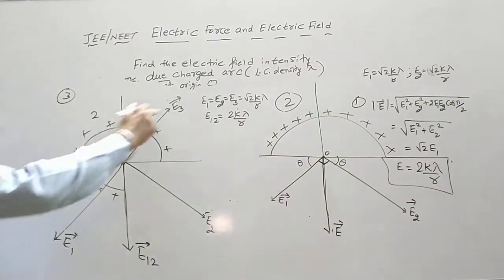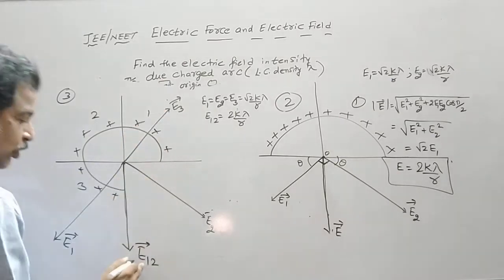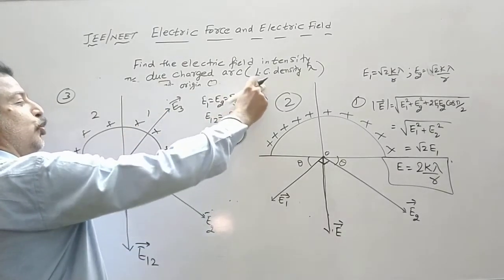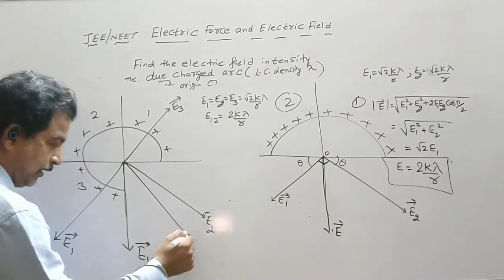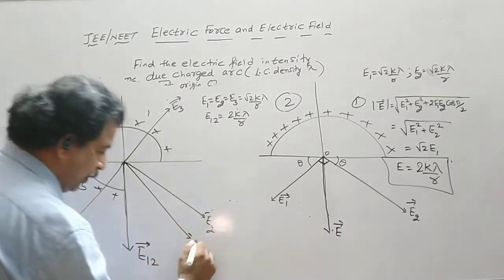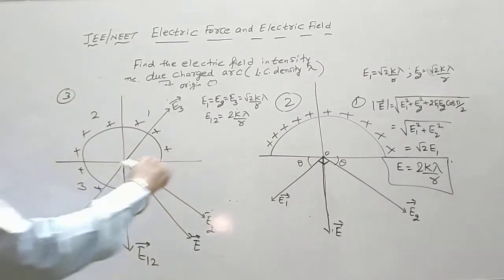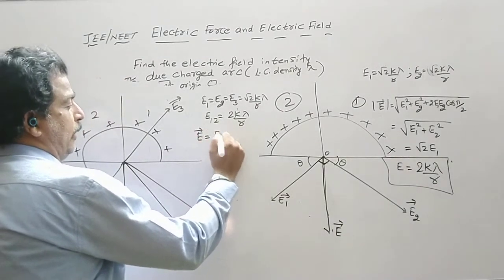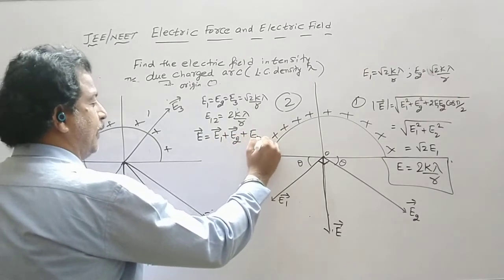Now the resultant of 3 and 12. Now E12 is 2k lambda by r and E3 is root 2 k lambda by r. So the resultant will be somewhere nearer to E12. Let this be written as E. Now in the vector form, I can write E is equal to E1 plus E2 plus E3.